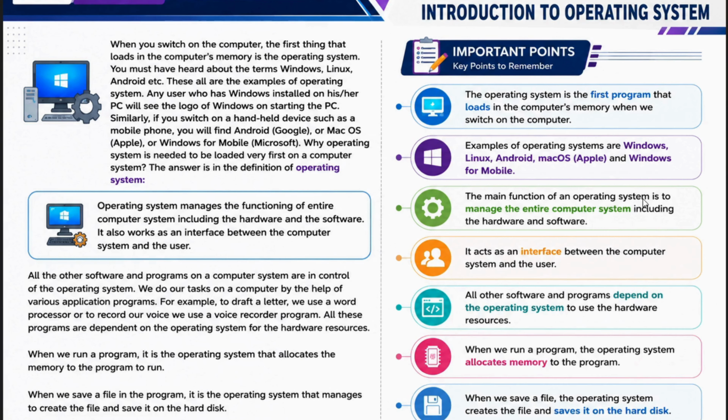Then the main function of the operating system is to manage the entire computer system, including the hardware and software. Next, it acts as an interface between the computer system and the user. Next, all other software and programs depend on the operating system to use the hardware resources. Then, when we run a program, the operating system allocates memory to the program. Then, when we save a file, the operating system creates the file and saves it on the hard disk.